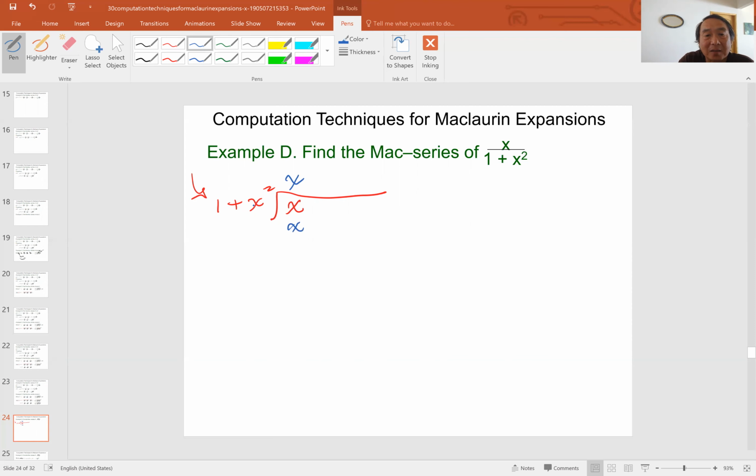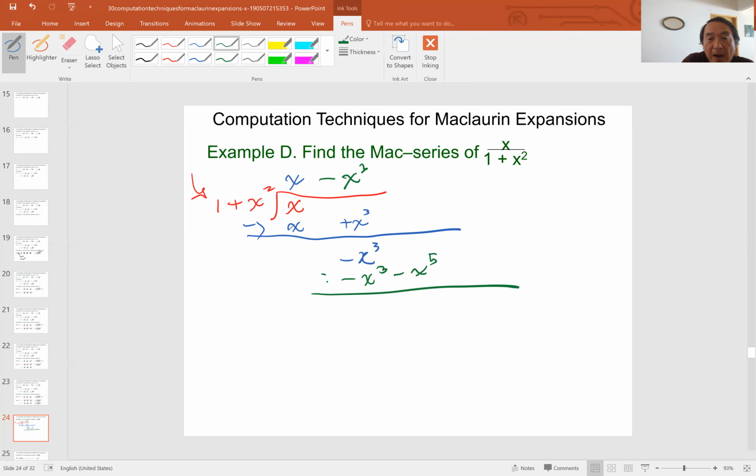The x times x squared is plus x cubed. Subtract, and I get minus x cubed. Then divide again. 1 times 1 gives me x cubed, well, minus x cubed, and multiplying minus x cubed by x squared gives minus x to the fifth.